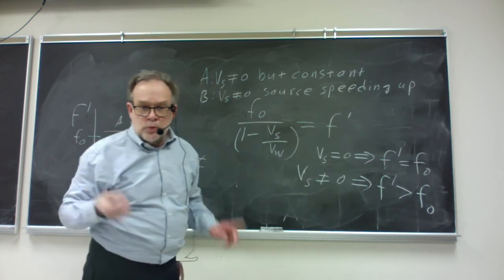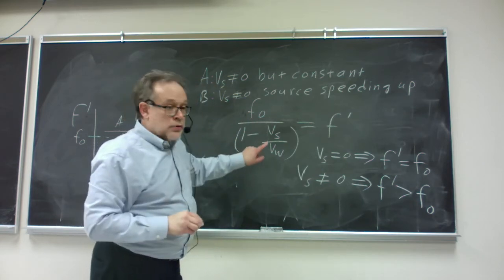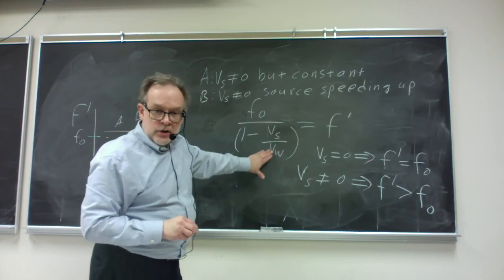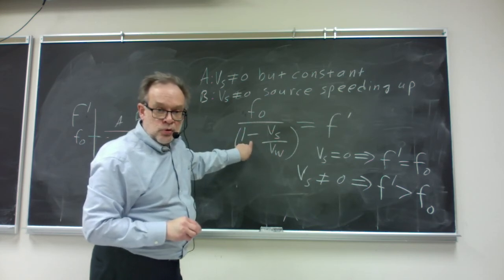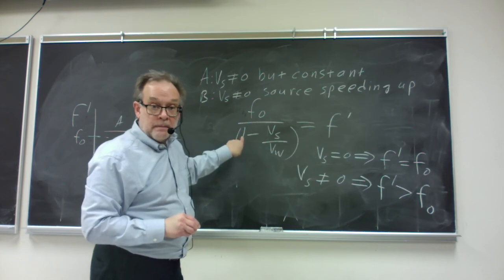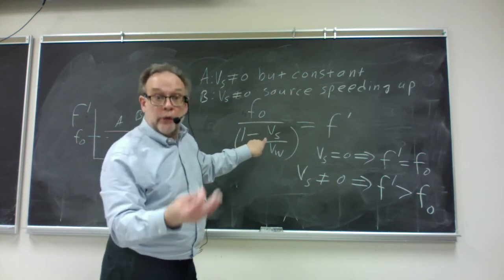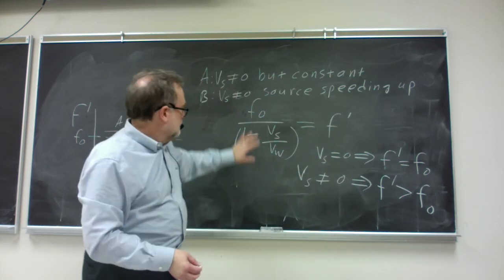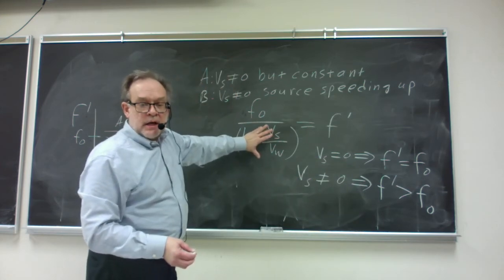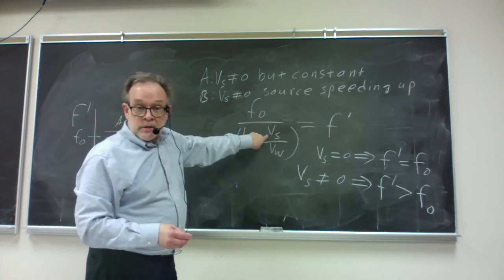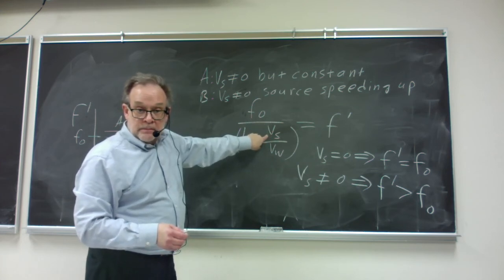Just think about it algebraically first. Source is speeding up, so this gets larger. So this fraction here gets larger, which means you're subtracting a larger number from 1. You're subtracting more from 1 than you were before, which means less is left over. In other words, this denominator gets smaller when the speed of the source gets bigger.